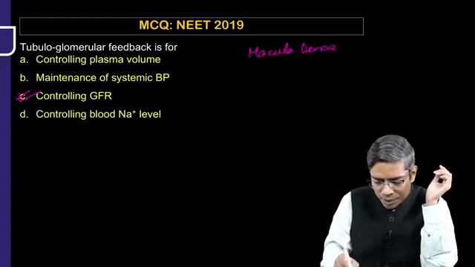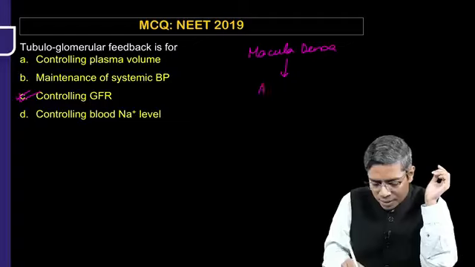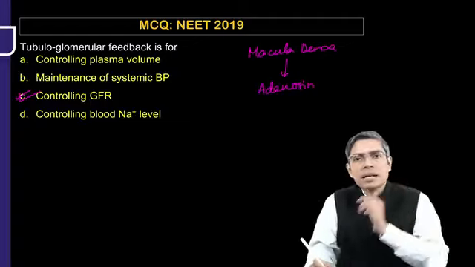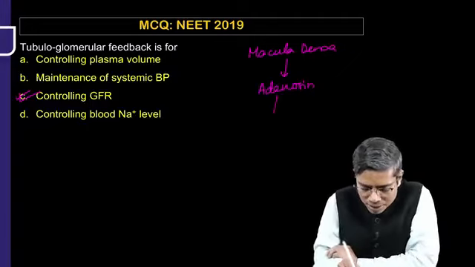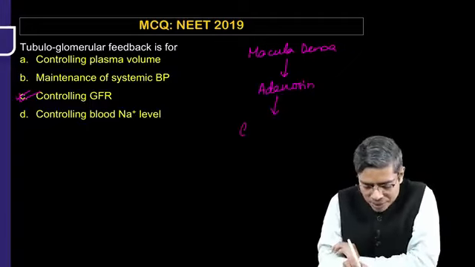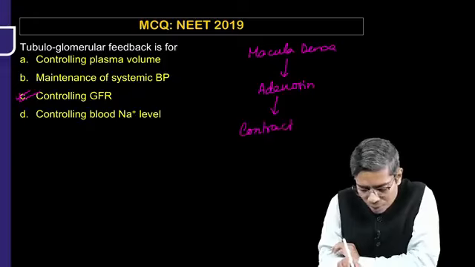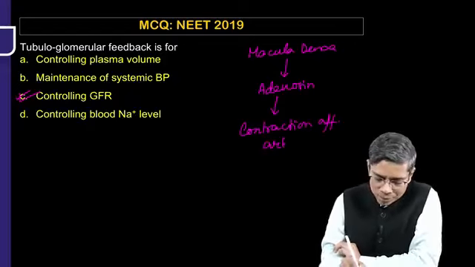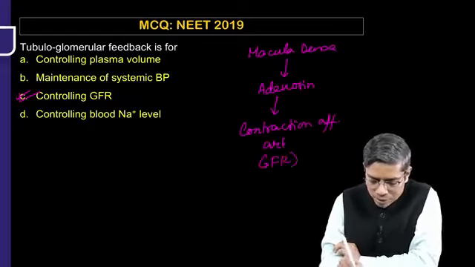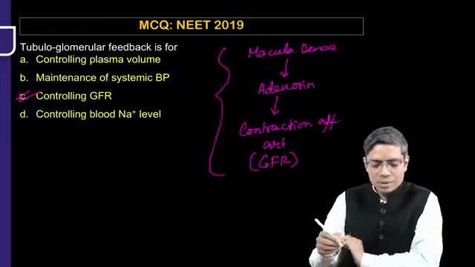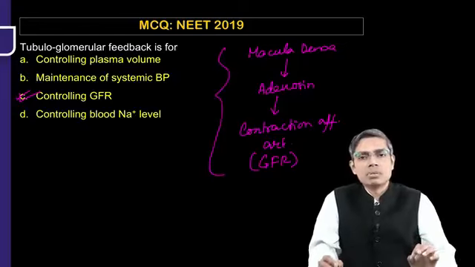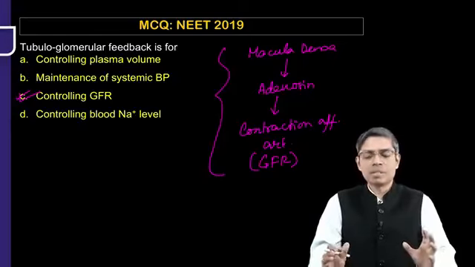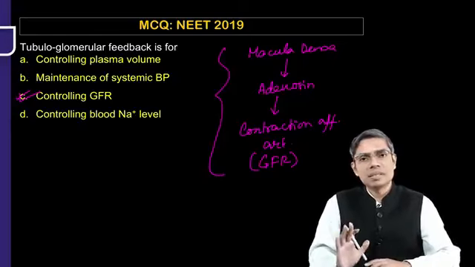Again I am repeating, whenever the macula densa cell is stimulated, it will release adenosine. And this adenosine, with the help of the Lacis cells, is going to cause contraction of the afferent arteriole of the glomerulus, and in this way it is going to regulate your GFR. This mechanism is known as the tubuloglomerular feedback mechanism. The detailed version of this mechanism has been discussed in the main lecture.